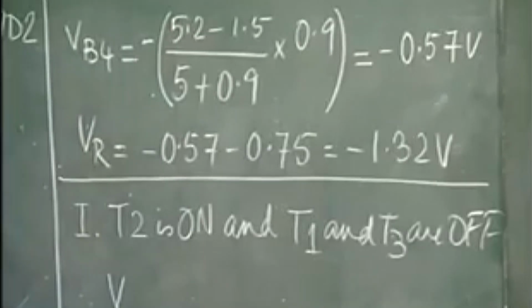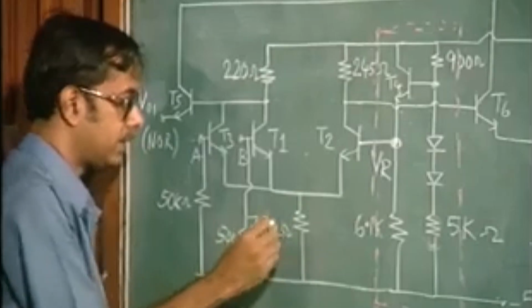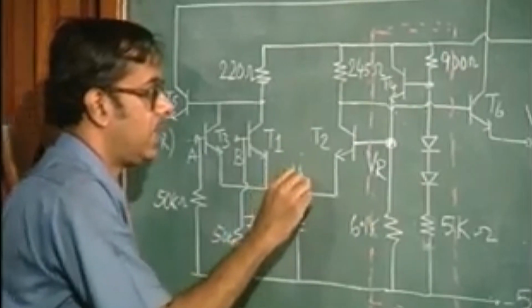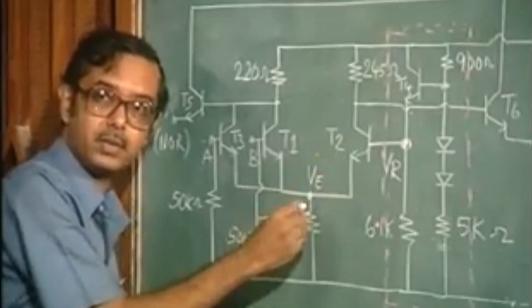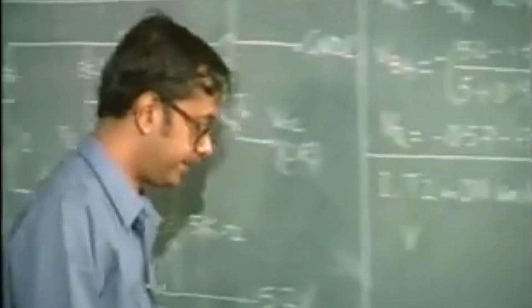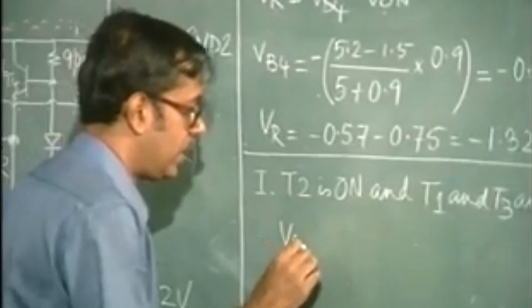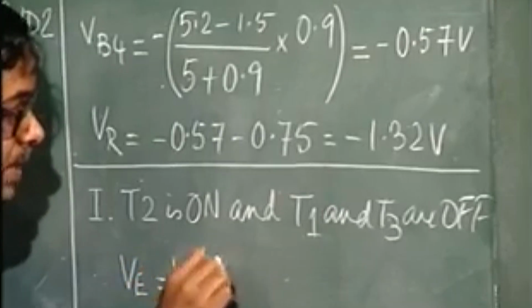So what is the value at this point? Let us call it VE, that is the emitter voltage, the common emitter point of these transistors, okay. When this is conducting, VE is equal to VR minus V on.